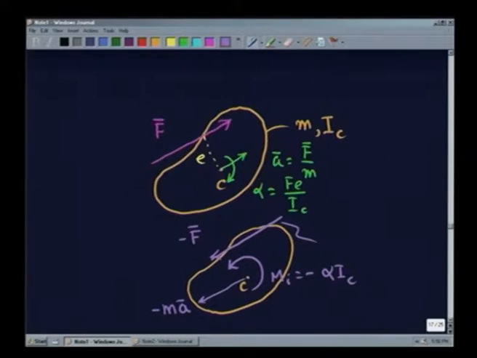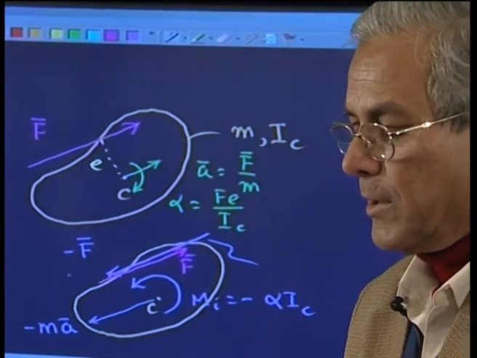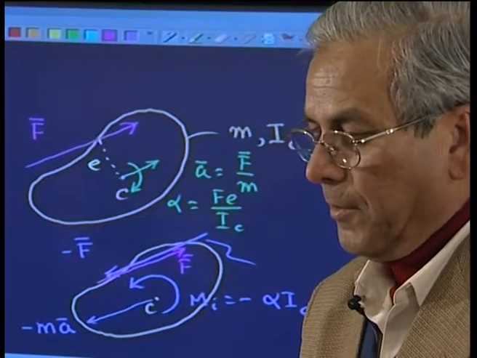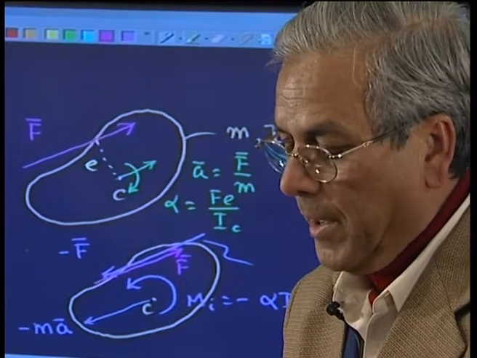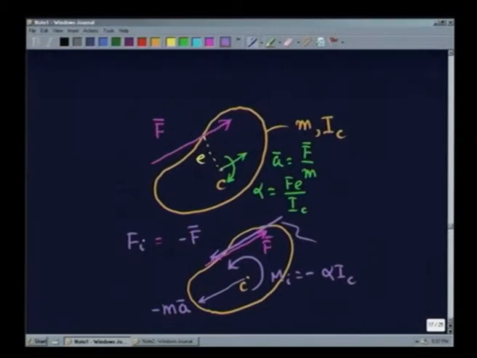Now when this hypothetical force is applied along with the externally applied force F, what is the resultant effect? They cancel each other. This F, which you can also call F I, the inertia force, cancels the externally applied resultant force, bringing the body into static equilibrium.